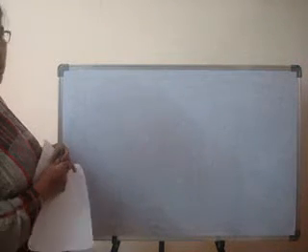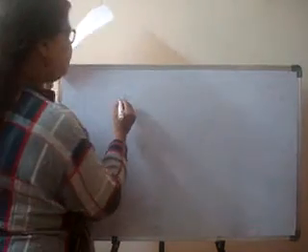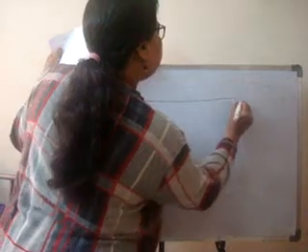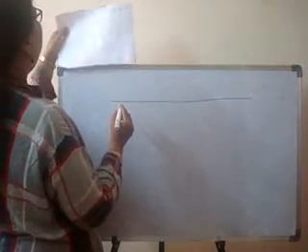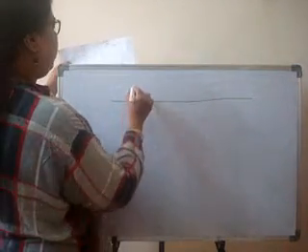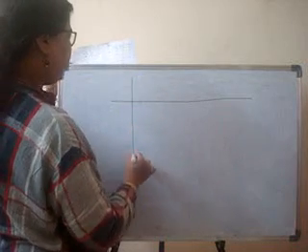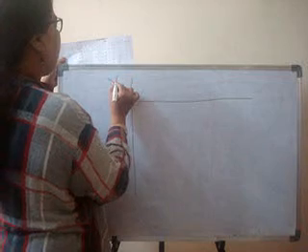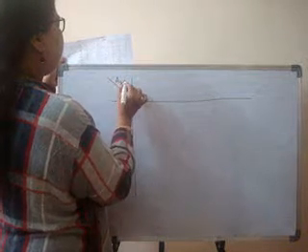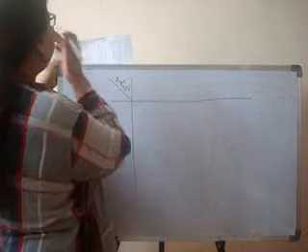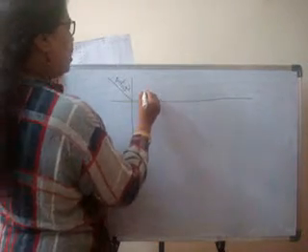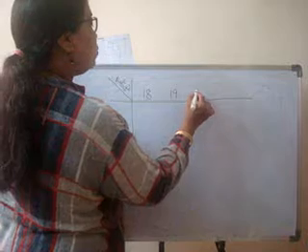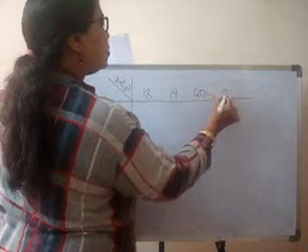Find the correlation coefficient for the given data. Age denoted by X. The values are given 18, 19, 20, 21.